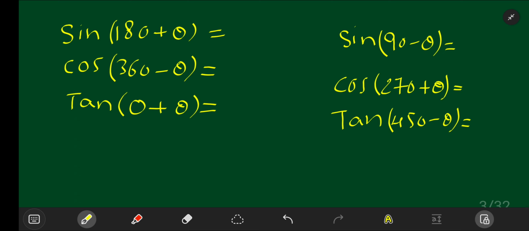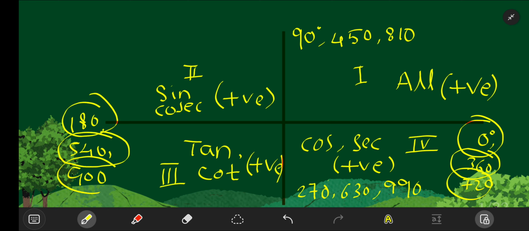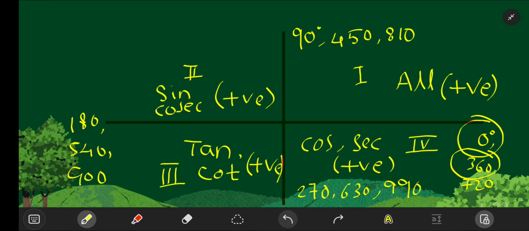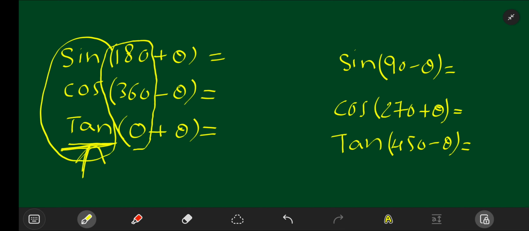When theta is added or subtracted with 180 degrees, 360 degrees, 0 degrees, or by increasing these values, 0, 360, 720, 180, 540, 900, and so on, there is no change in the trigonometric function.